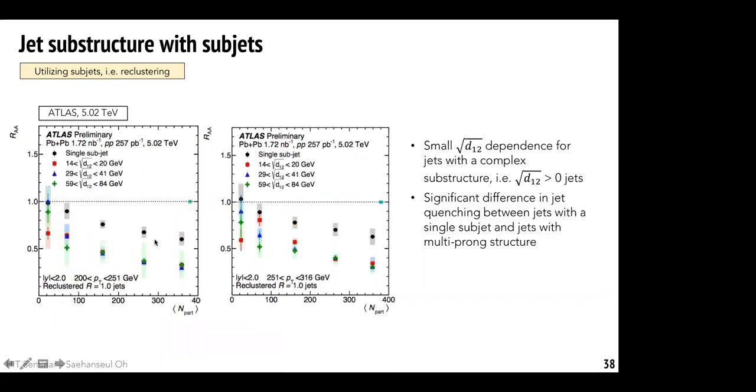They also measure the same thing as a function of centrality and the square root D12 dependence for jets with a complex substructure, which is square root D12 larger than 0. And a significant difference in jet quenching between jets with a single subjet and jets with a multi-prong structure is observed.